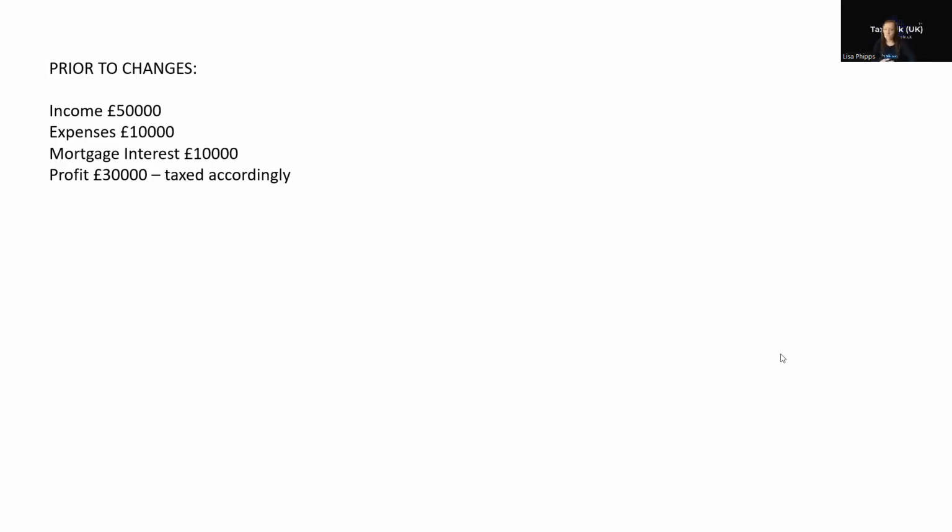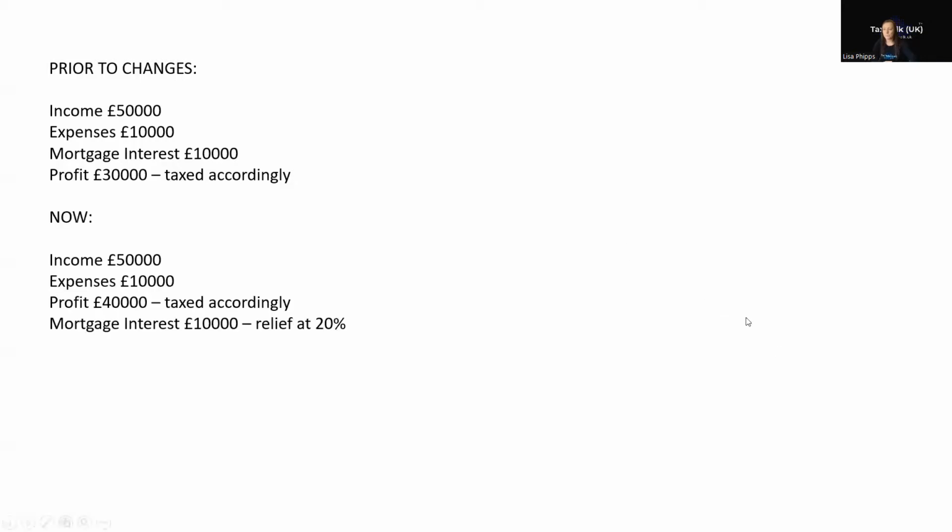So the general expenses, repairs and maintenance, insurance, professional fees, all of those things, everything but your mortgage interest. And then you have mortgage interest that you've paid in the year of £10,000. So that will give you a profit of £30,000. And then on your self-assessment tax return, that will be added to your other income and taxed accordingly at the rate that depends on your total income.